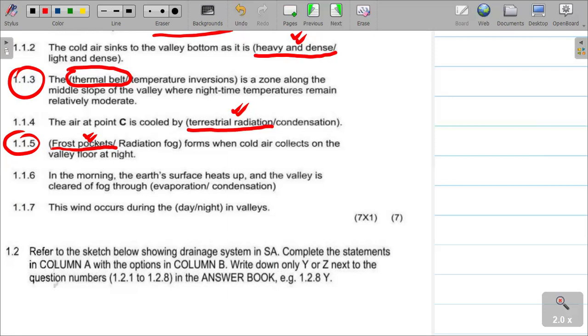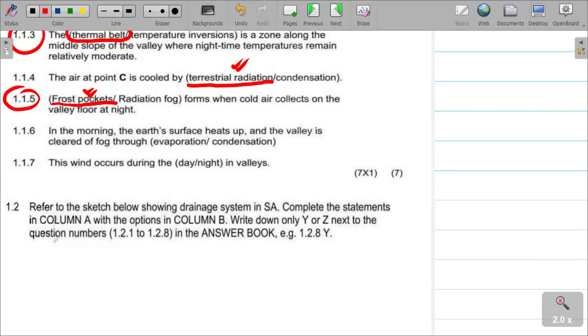So what happens is that it therefore freezes into the valley crevices, which now results in frosty pockets being formed. So it is frosty pockets that are formed when air collects on the valley floor at night.